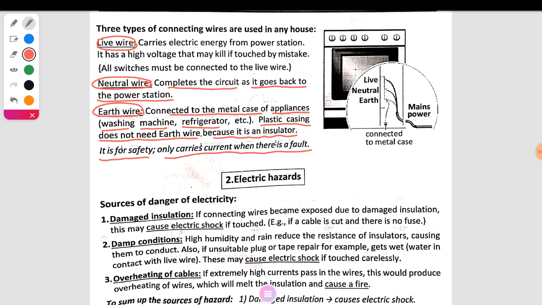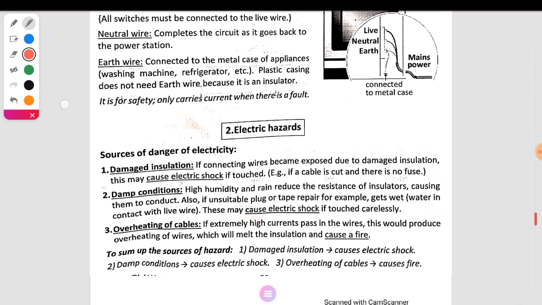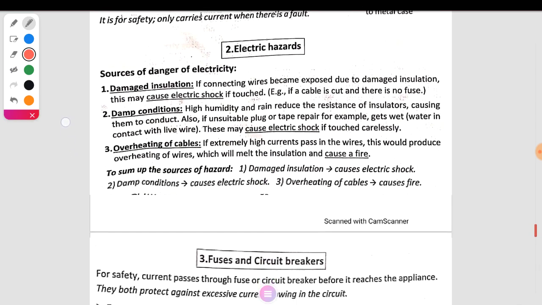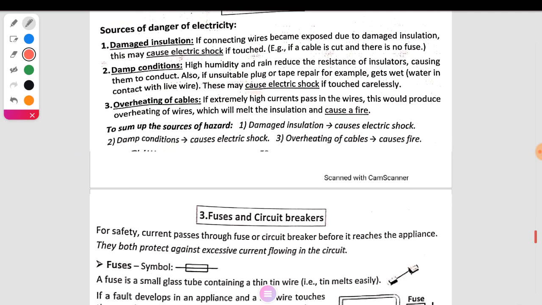The electric hazards. Sources of danger of electricity: number one, damaged insulation; number two, damp condition; number three, overheating of cables.